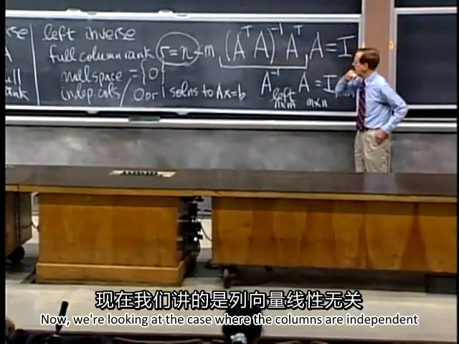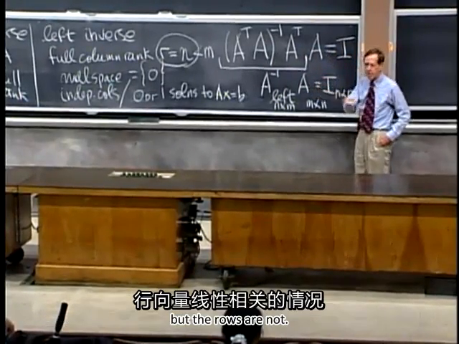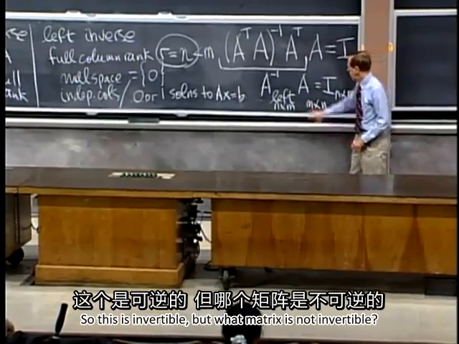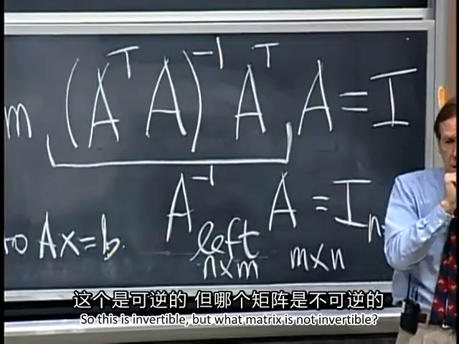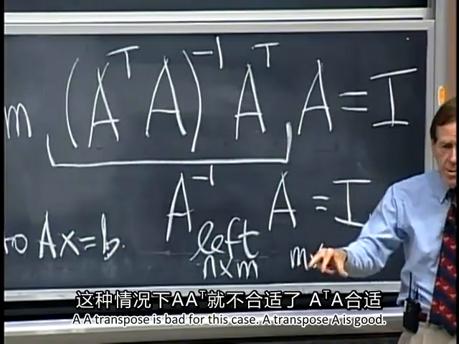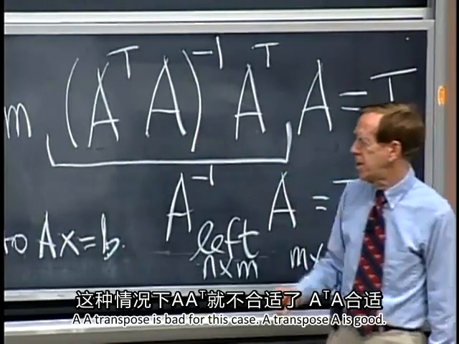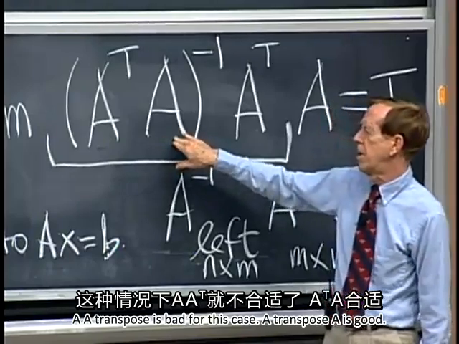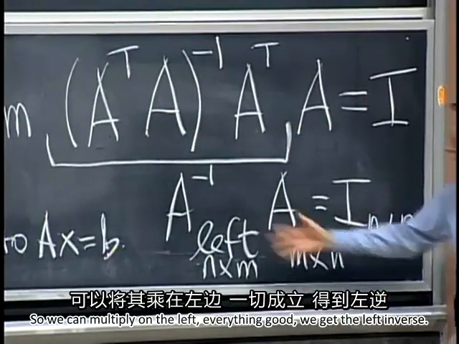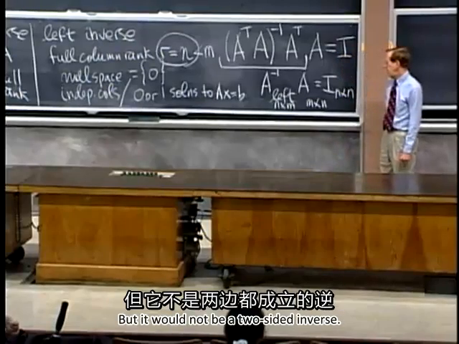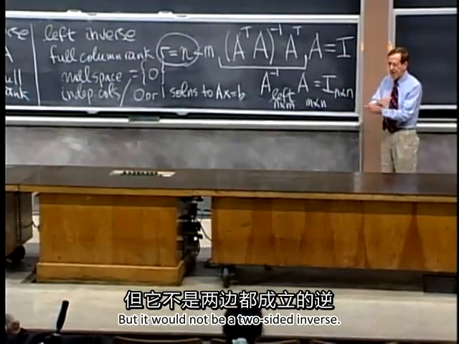Now we're looking at the case where the columns are independent, but the rows are not. So this is invertible, but what matrix is not invertible? A transpose is bad for this case. A transpose A is good. So we can multiply on the left, everything good, we get the left inverse. But it would not be a two-sided inverse.